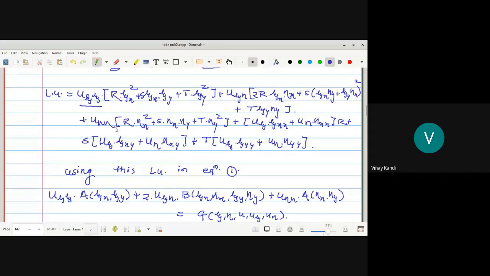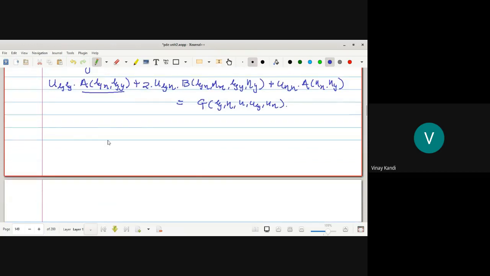This one is our A, this one is our B, and u eta eta into A of eta x eta y is again a function of eta x, eta y. All other three things are functions of psi, eta, u psi and u eta. This is our g.